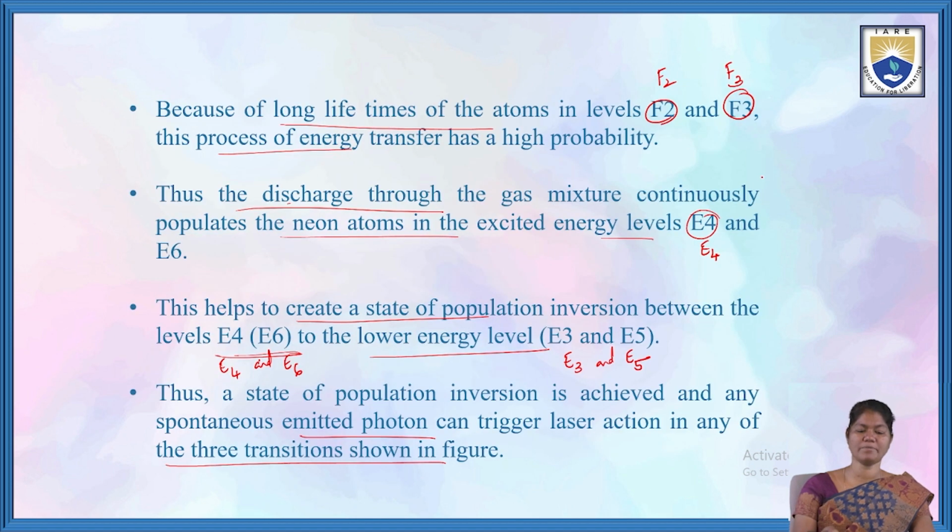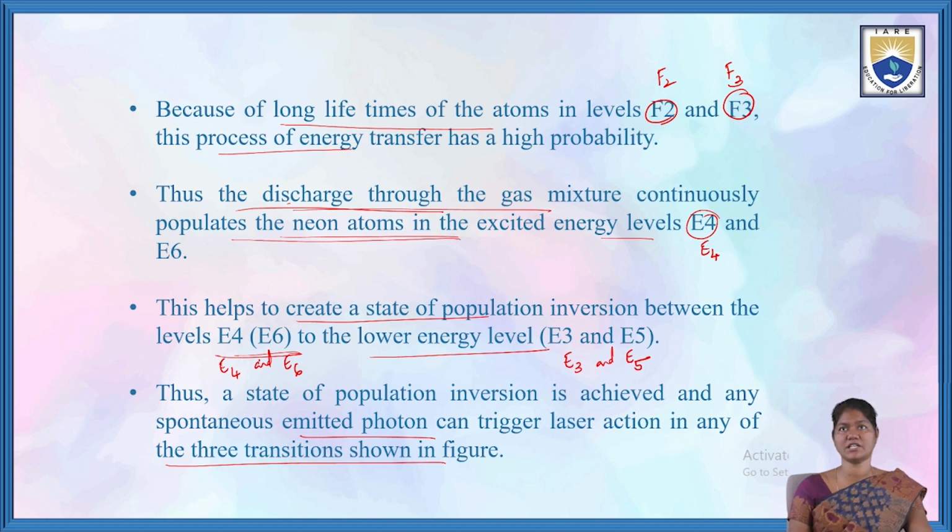Okay. So because of the long lifetime at the energy levels F2 and F3, it has more probability in the higher energy level. So the discharge tube which has the gas mixture continuously populates the neon atoms in the excited energy levels E4 and E6.